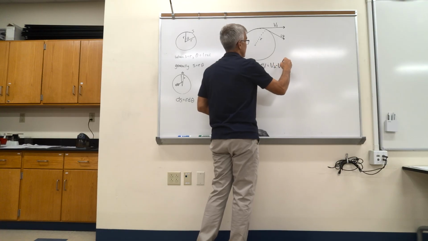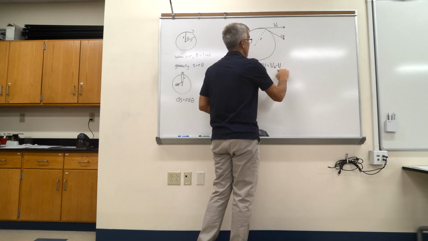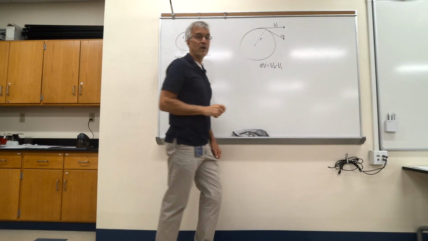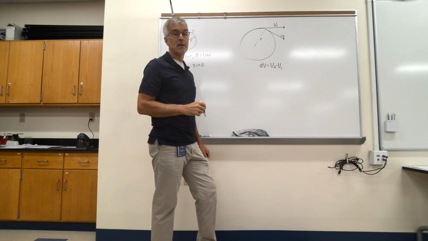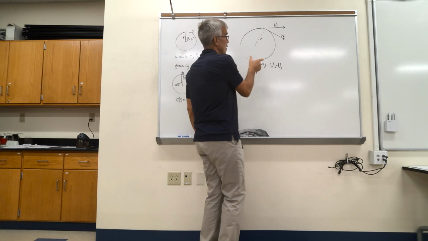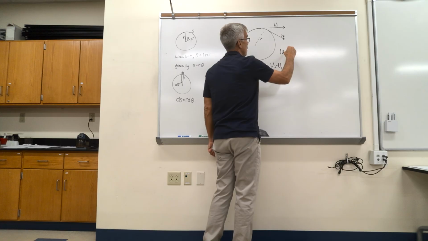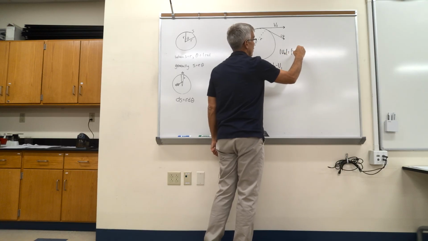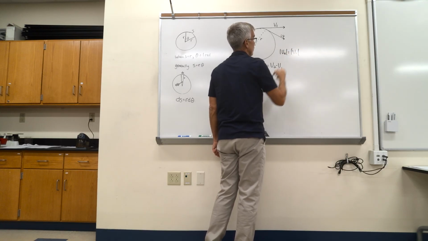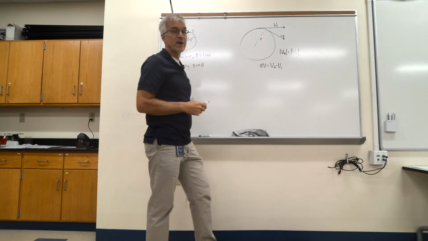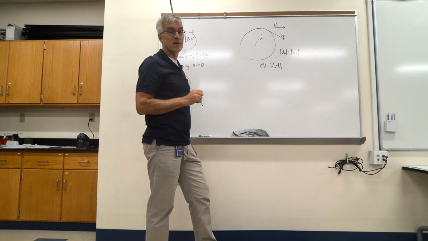I know that dv is final velocity minus initial velocity. Because the rubber stopper is moving at a constant speed, we know that the size of each velocity is the same, all right? But the direction is different, so there's going to be an acceleration.